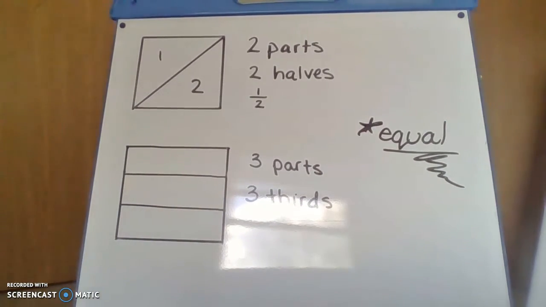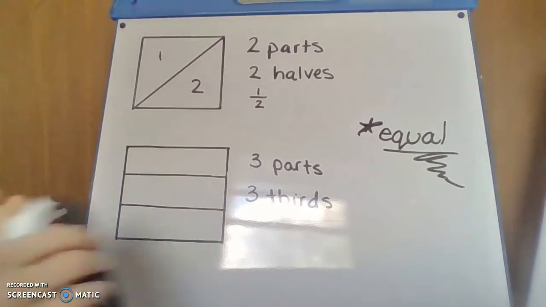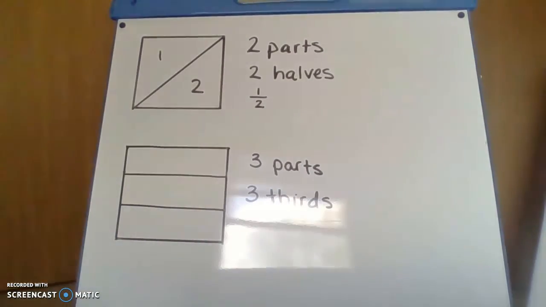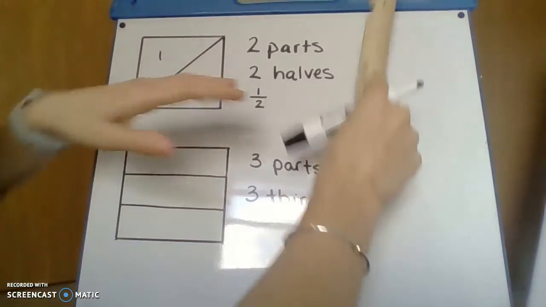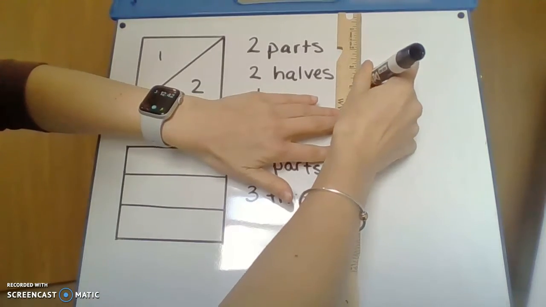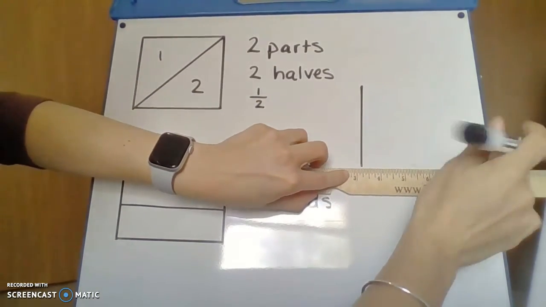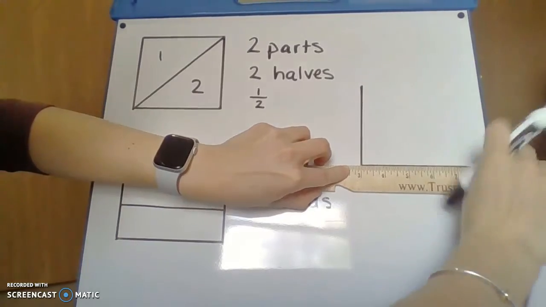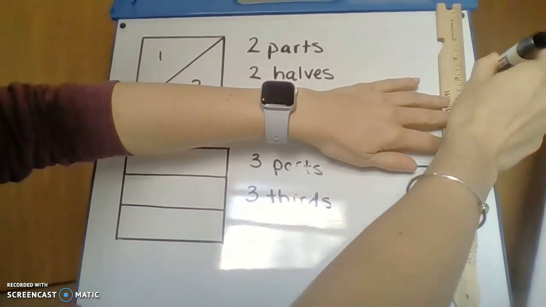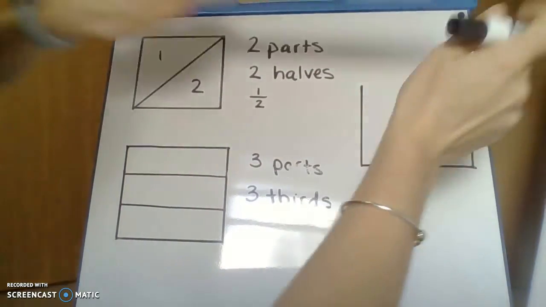And then for your last one, I'm going to try to squeak it in. Remember that they're equal. We're going to split it up into fourths. Uh-oh. Oh, no, it's okay.